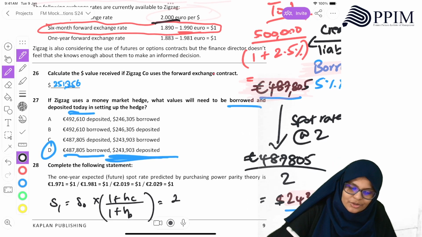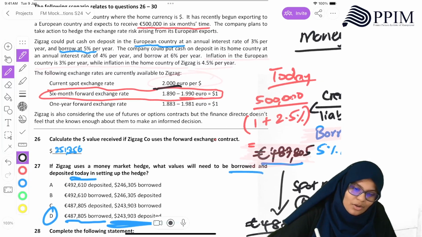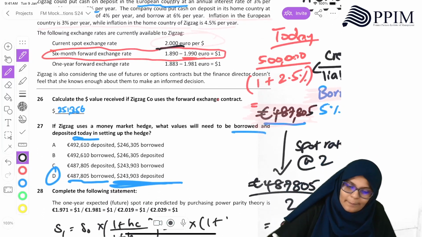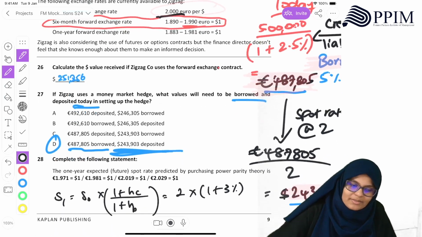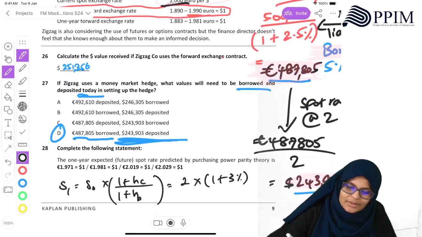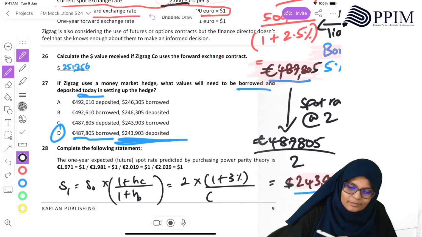So spot rate was 2, 1 plus inflation in the counter currency was 3%, and home currency was how much? 4.5%. 1 plus 4.5%.